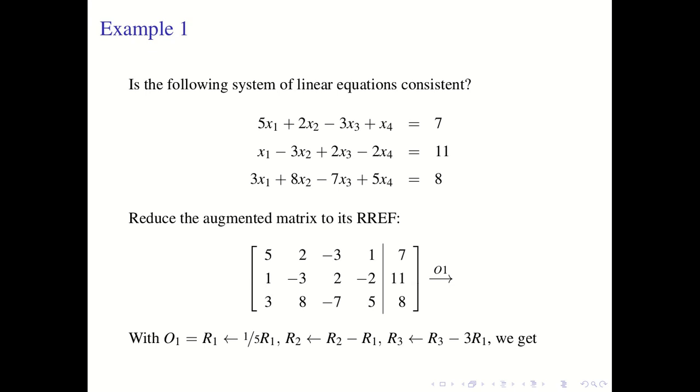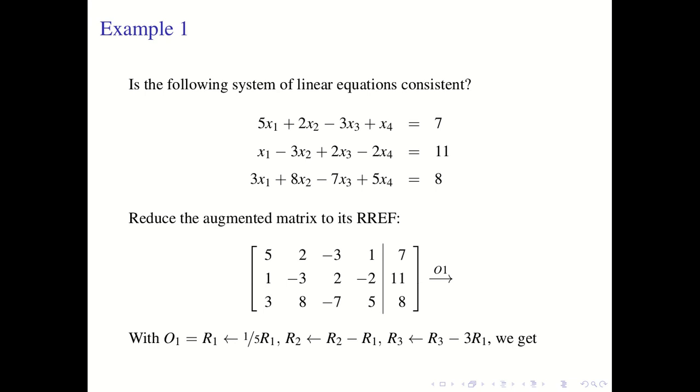How do we find whether the system is consistent? We have to write down the augmented matrix and compute the rank. How do we compute the rank? Reduce the matrix to a row reduced echelon form and then look at the number of linearly independent rows or linearly independent columns.